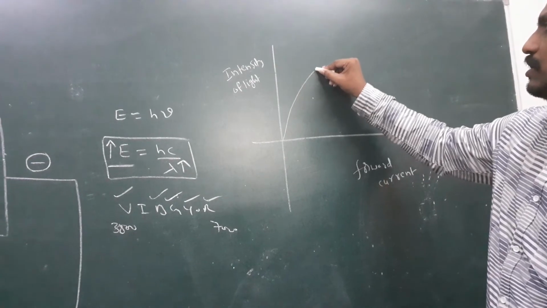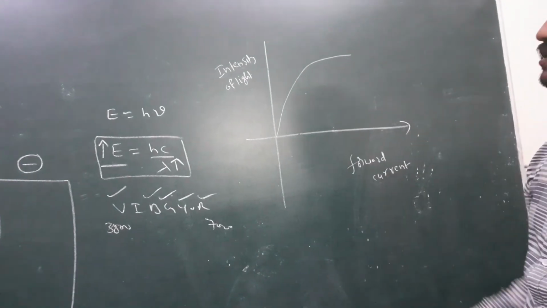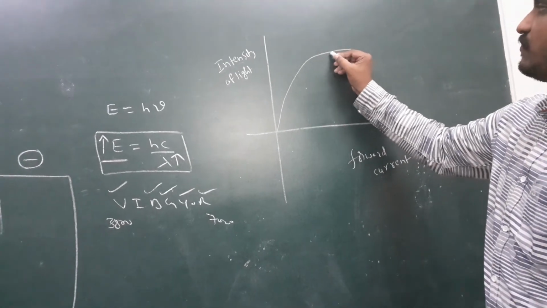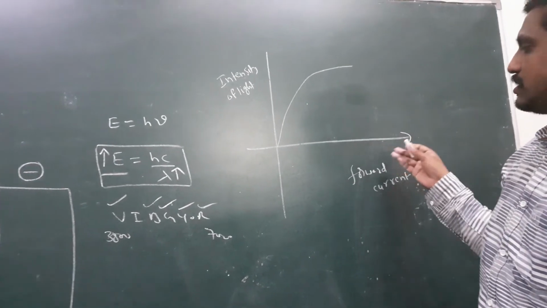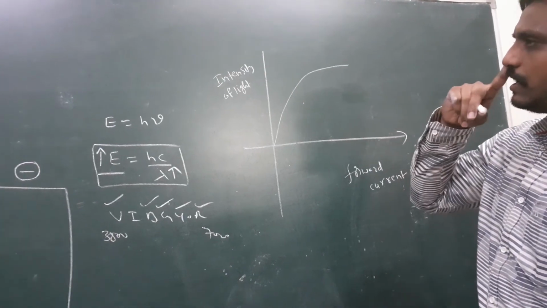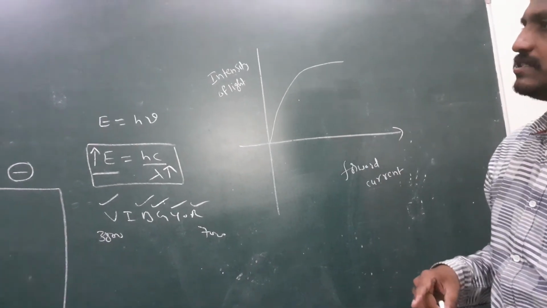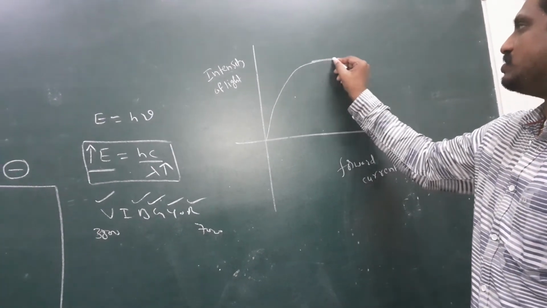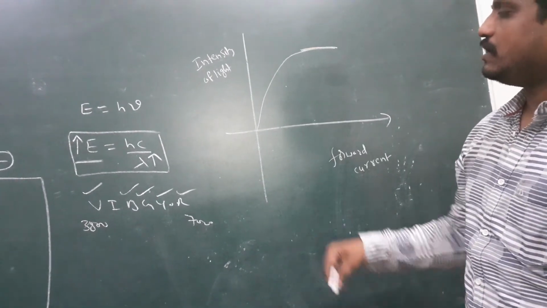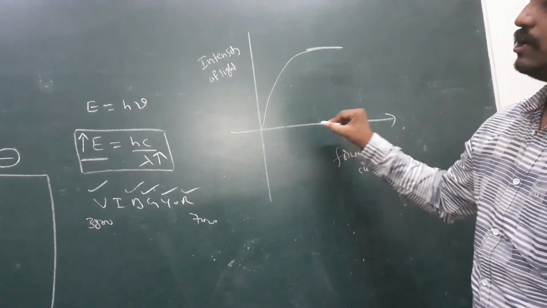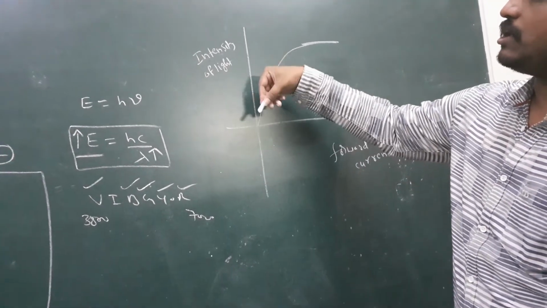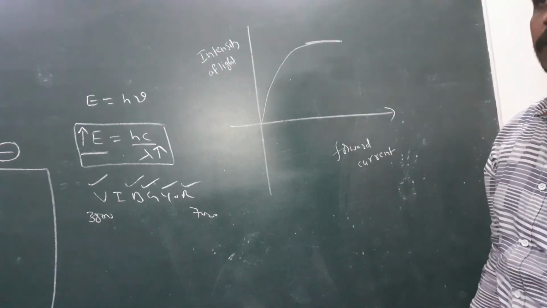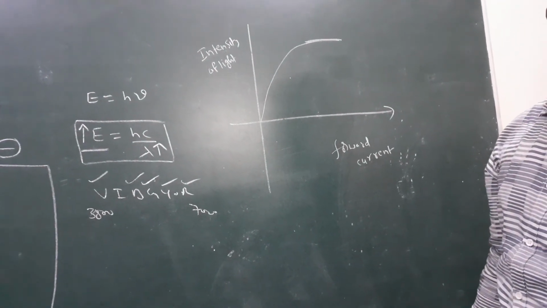Then it becomes saturated, meaning there is no further increase in intensity of light, because the minority and majority carriers completely disappear, so it becomes constant. This is called saturation. As forward current increases, the intensity of emitted light also increases. This is the graph of an LED. Okay, next class I will discuss problems.